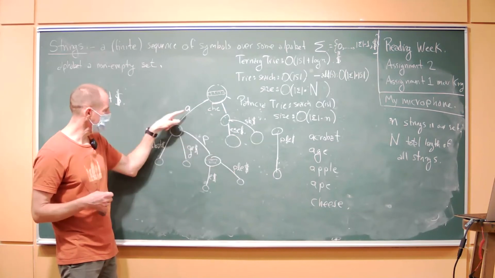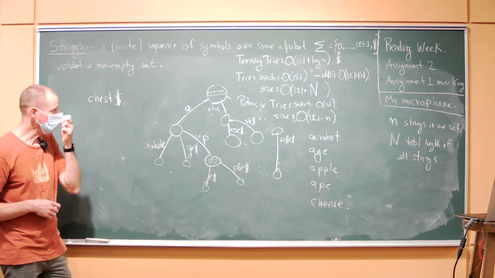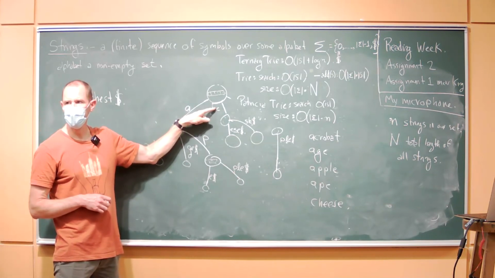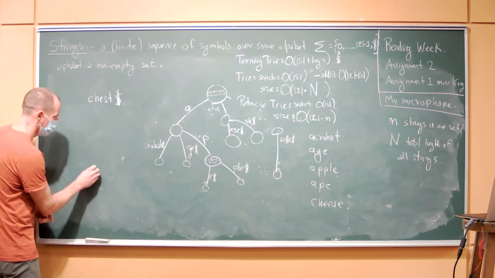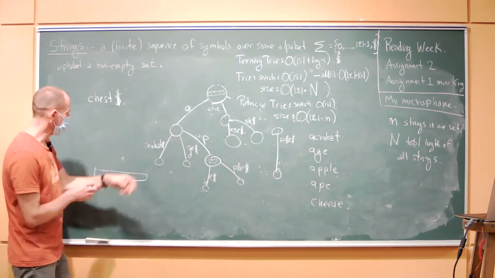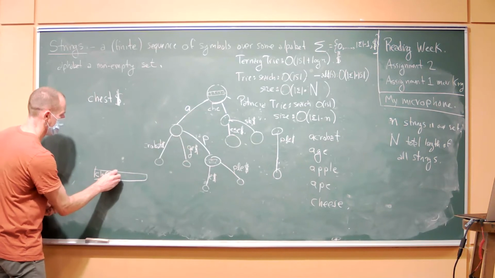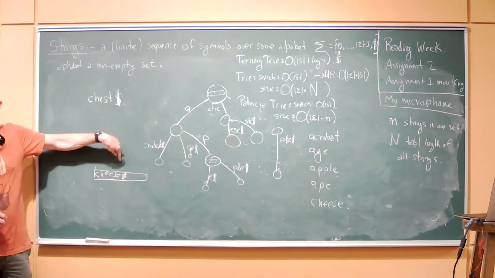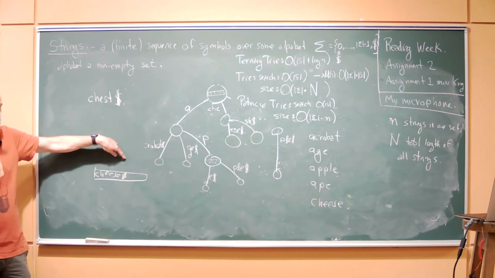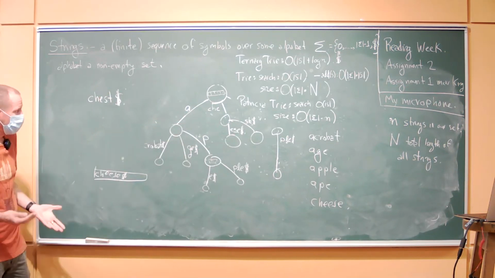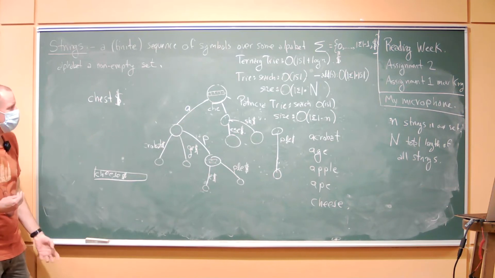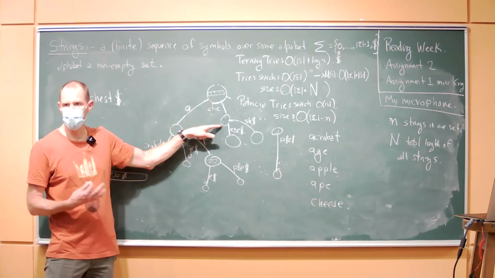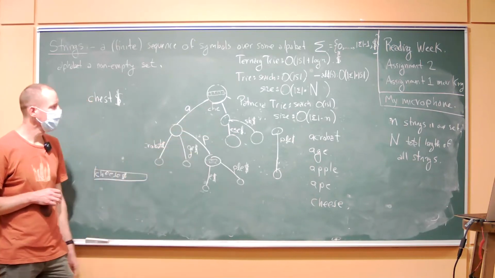So if the strings that label the edges are P strings, this is a trivial operation. There's just one backing array, which contains the string cheese, and all of these labels are just referencing parts of this array. One of the reasons I needed to introduce P strings is you need to be able to do these splits in constant time, and P strings let you do that.